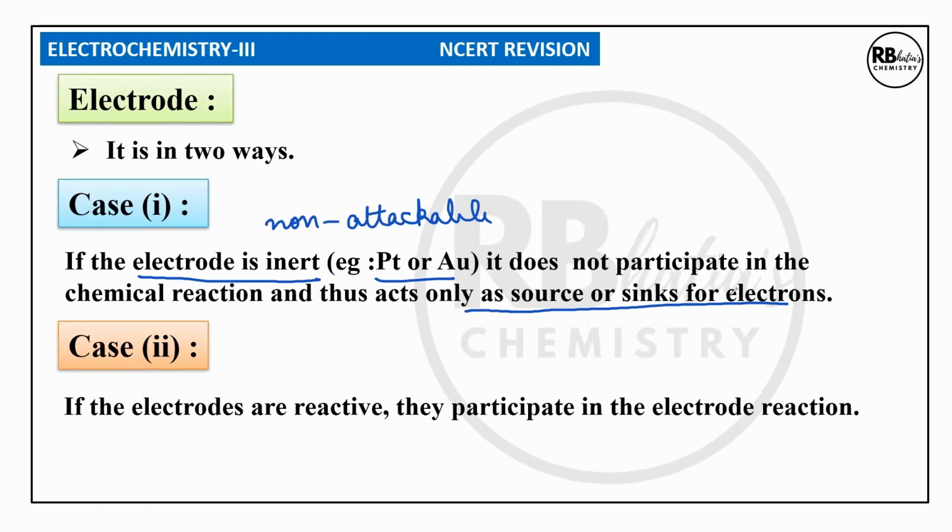The second kind are attackable electrodes, which are reactive. They participate in the electrode reaction, that means they can compete with other components for undergoing the reaction.